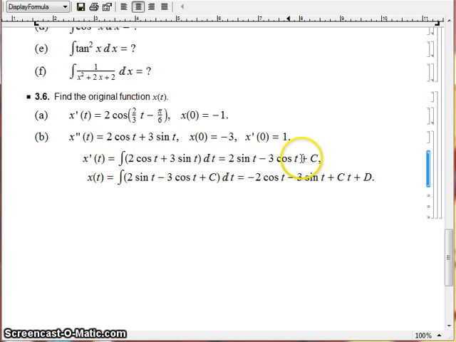Then we have this function, sines and cosines, simply enough. We have plus c. And then calculate the antiderivative again. We have this function and ct plus d. We have two constants, c and d. Therefore, we need two conditions to generate two equations.